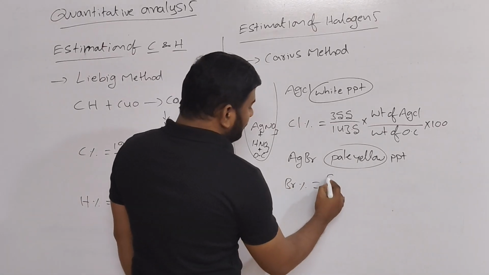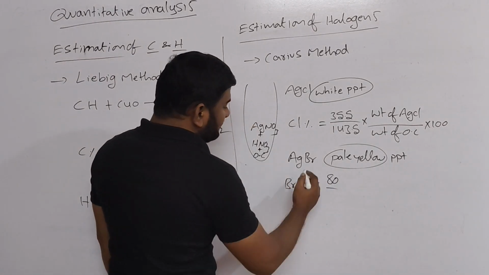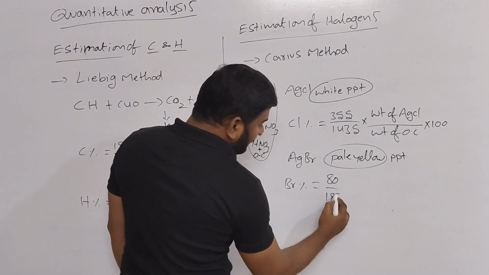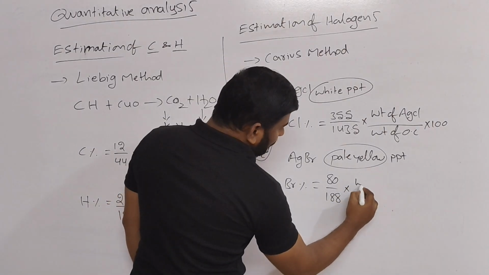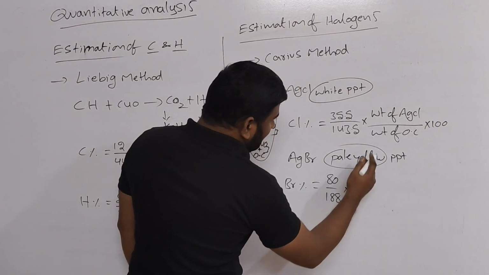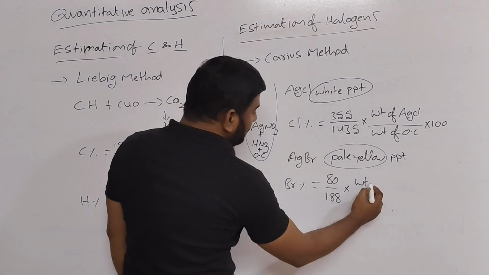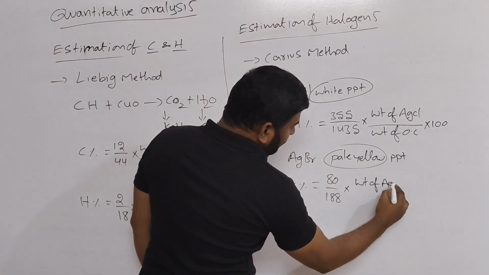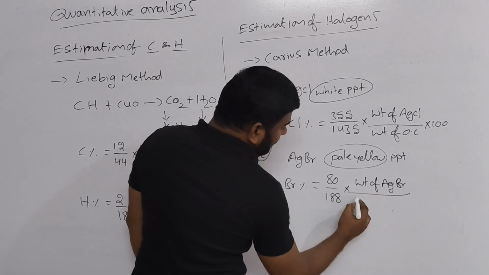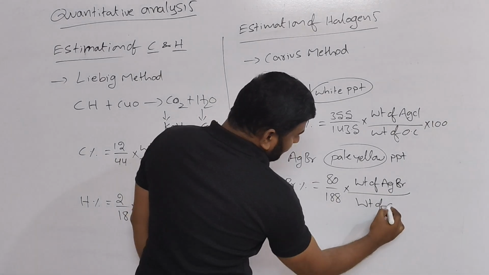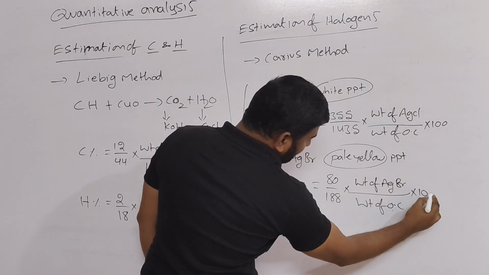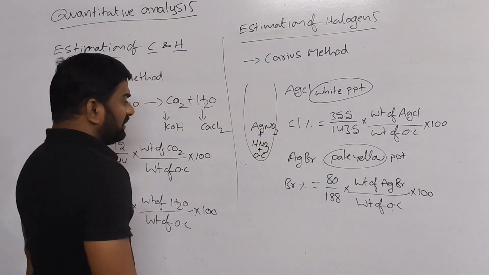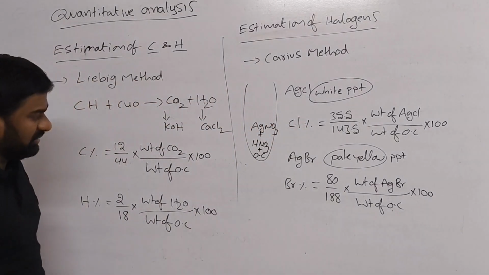Br atomic weight is 80, AgBr is 188. Here AgCl was written, here you write AgBr: 80 by 188 into weight of AgBr by weight of organic compound into 100. This way you can calculate the bromine percentage.